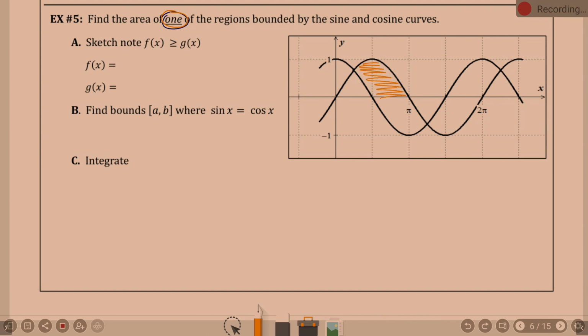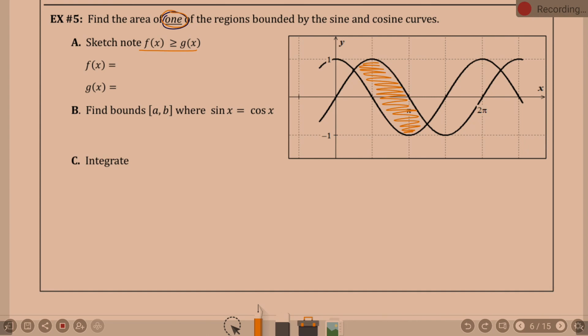This is why I won't respond to whether f or g is sine or cosine, because it depends on which curve we pick, based on the fact that it's telling us f is greater than or equal to g. So basically the curve on top is f, the curve on bottom is g. In this picture, if we're using what I have now shaded with orange, what is f?